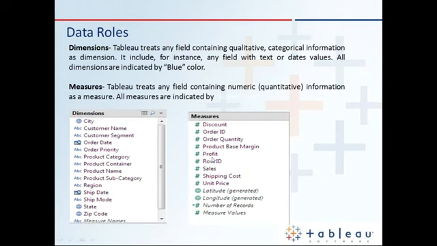So these are the measures: discount, profit, sales, unit price, number of customers, number of products. These all come as measures. Clear? Whenever you are developing any dashboard, we are going to use dimensions and measures. Is that clear?